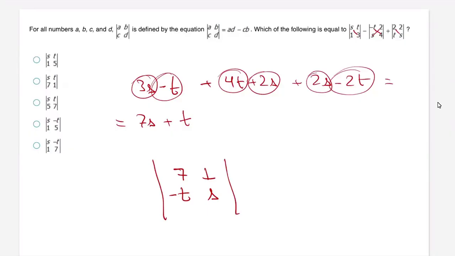Because remember, as it's minus what is here, and it's plus, it is minus minus. So 7S, yes, minus T1, or minus 1T, whatever. Everybody understood?